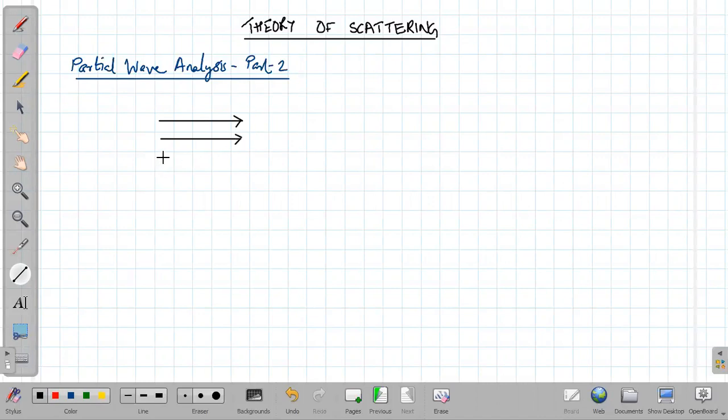The incident radiation we can treat as plane waves, which can be written as e raised to i k0 dot r, and there will be some scattering center, and from the scattering center the particle will be scattered towards some direction, the scattered wave.